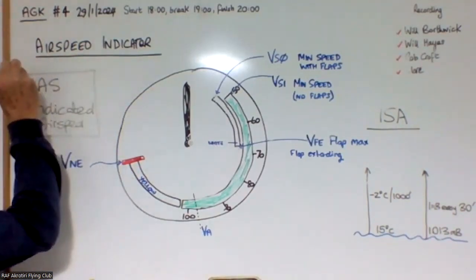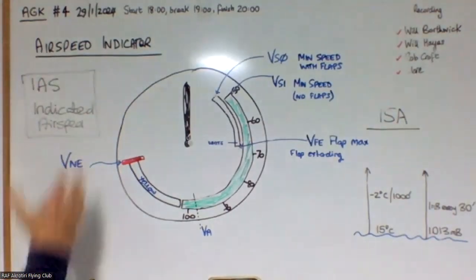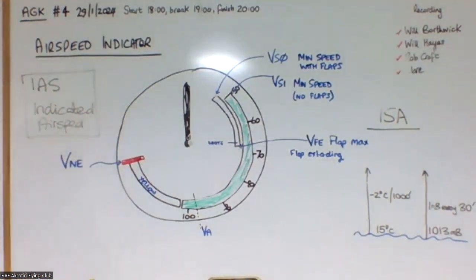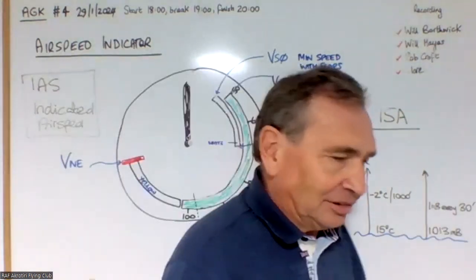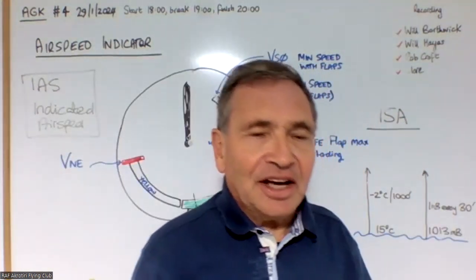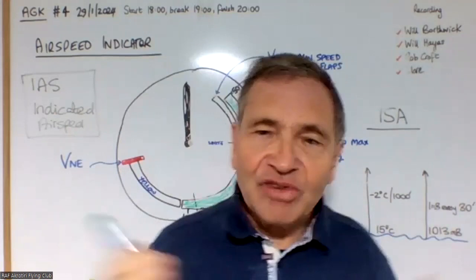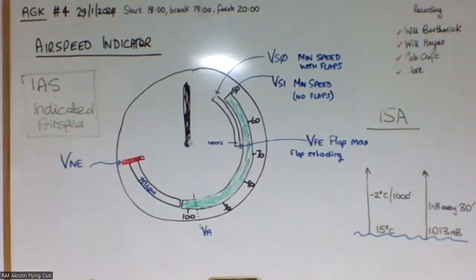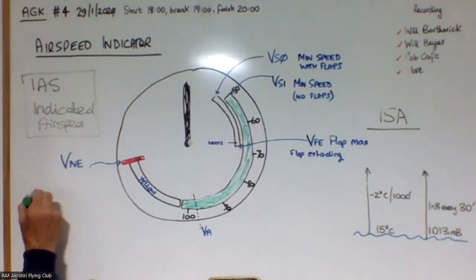Now, IAS is what is shown on the airspeed indicator. Our speed over the ground is called... oops, I'll call it that.